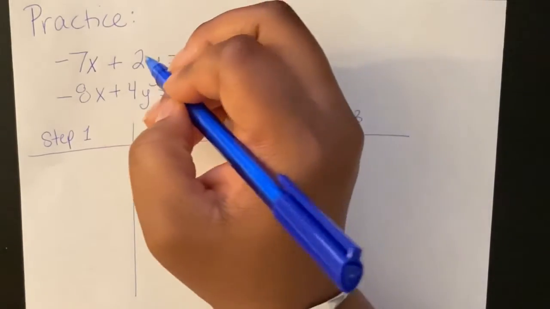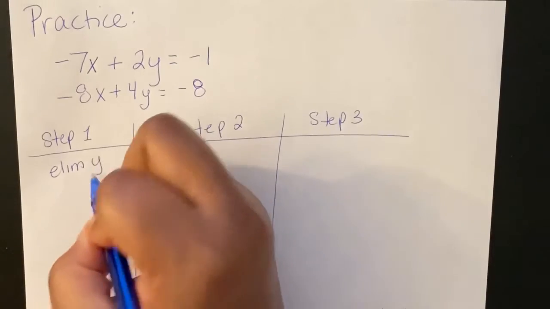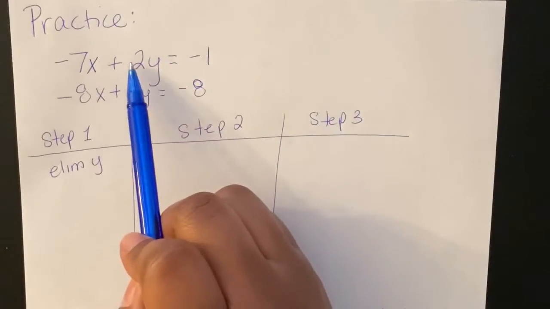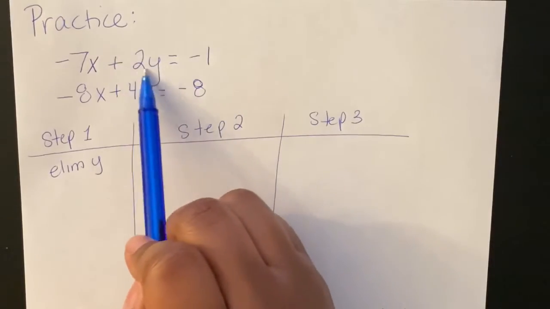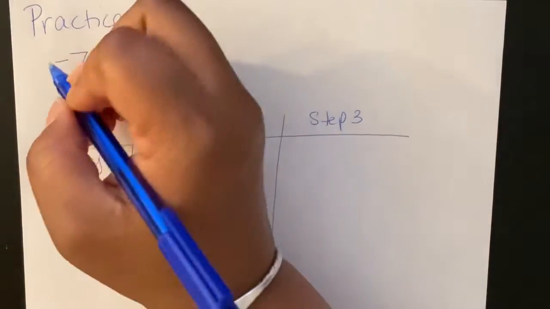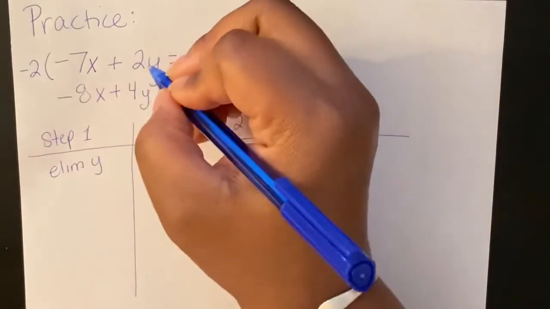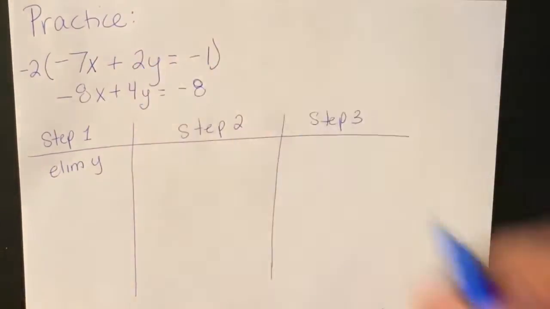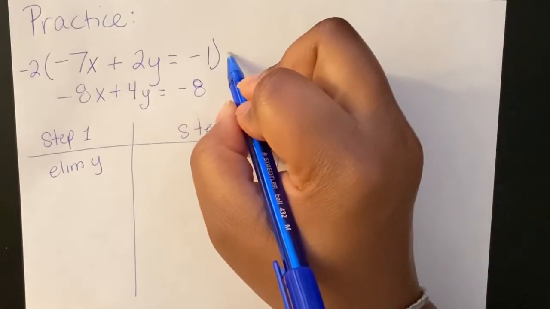So my goal is to eliminate y by multiplying this whole equation by negative 2, because negative 2 times 2 is negative 4. Remember, the goal is to eliminate.